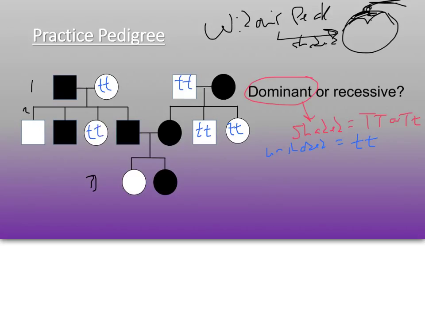So my question might be, what is the genotype of a certain individual? And now you're halfway there. Now also the way that we usually do this, and you'll see this on your worksheet, is each generation is labeled with Roman numerals. So you'd have generation I, generation II, and generation III.